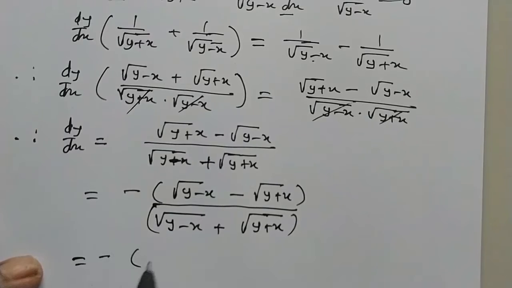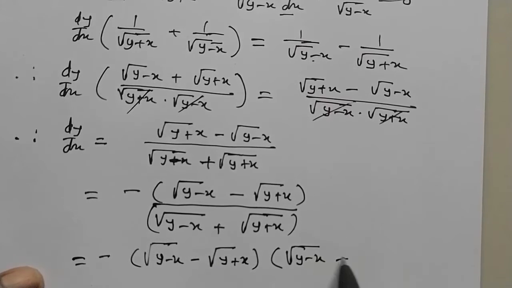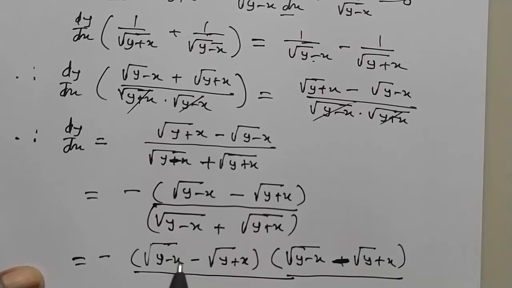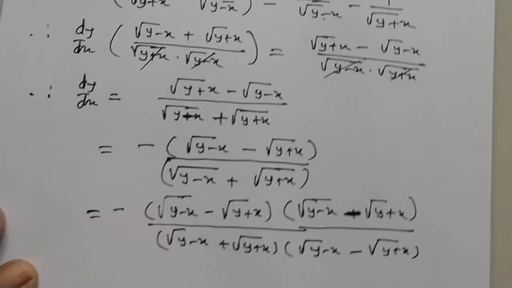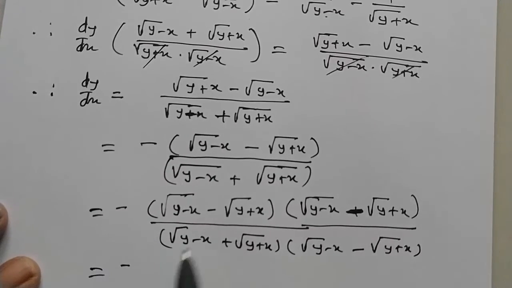So this is equal to minus (√(y−x) − √(y+x)) into (√(y−x) − √(y+x)) upon (√(y−x) + √(y+x)) into (√(y−x) − √(y+x)). Here it is minus.